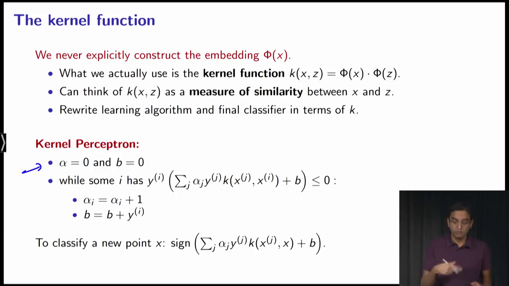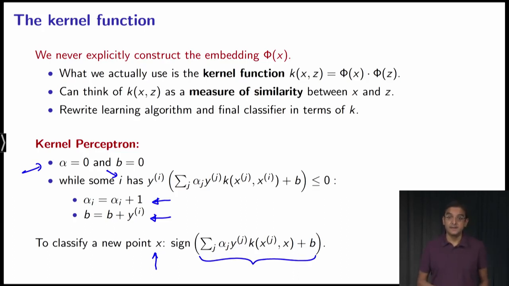If at any given point we happen to misclassify some point, say the ith data point, all we do is increment the coefficient alpha_i, the coefficient for the ith data point, and to the value b, we add the label y_i. That's it. Extremely simple updates. We learn a model in this way, and when we want to classify a new point x, we compute this weighted sum, exactly the same as with the SVM, and we return its sign.